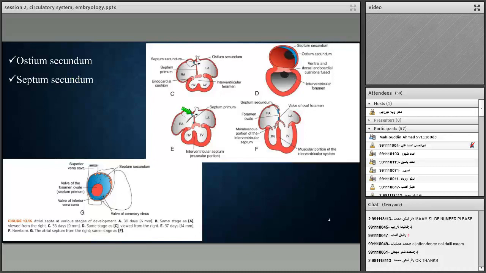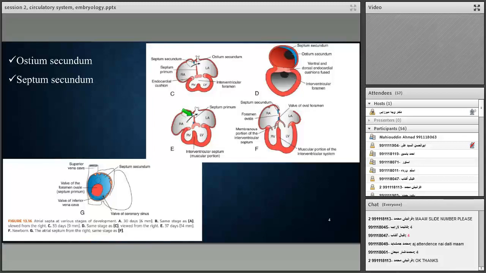This part is called septum secundum. The septum secundum never forms a complete partition in the atrial cavity.